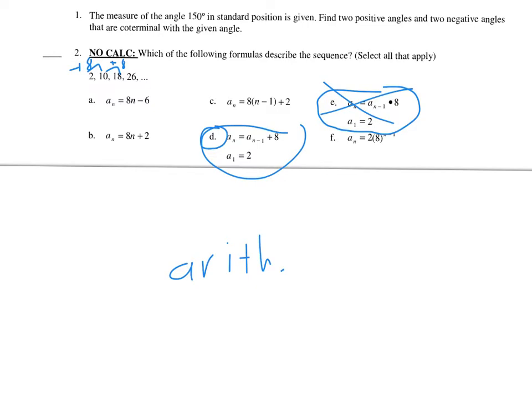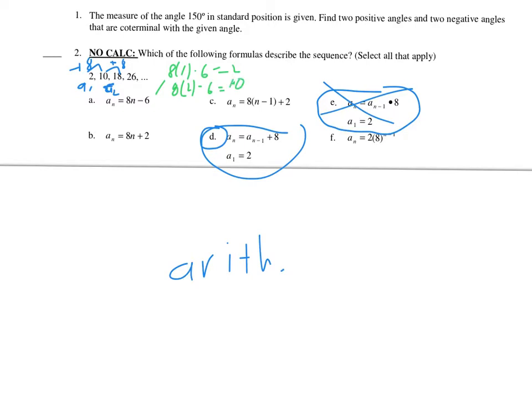The big idea on the explicit formula is that, since this is a sub 1 and this is a sub 2, I should be able to plug in a 1 and get out 2, and plug in a 2 and get out 10. If I check option A, 8 times 1 minus 6 gives me 2, and 8 times 2 minus 6 gives me 10.